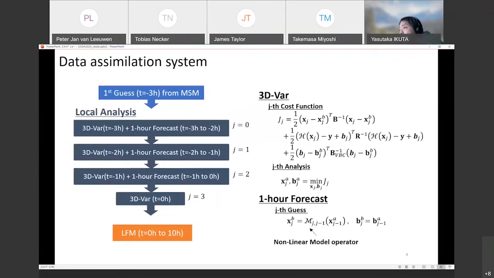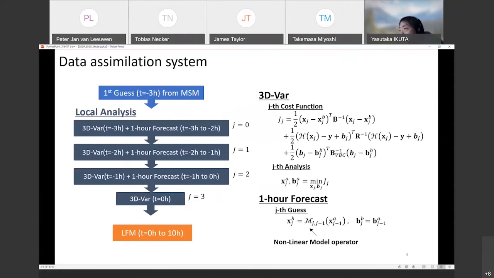This slide shows the flow diagram of the data assimilation system. First, we get the first guess from the MSM. Then we repeat 3D-Var and 1 hour forecast 3 times, and finally run 3D-Var to create the initial condition of the forecast.